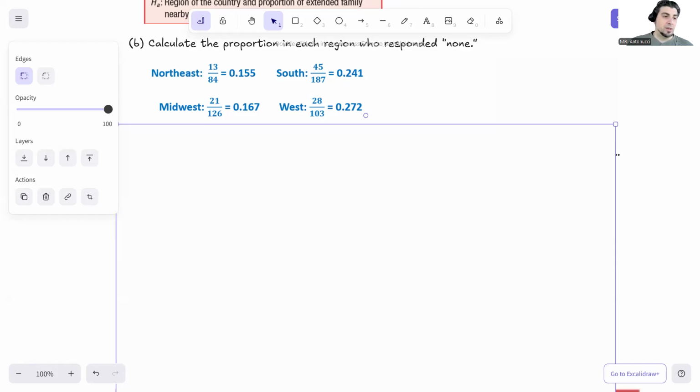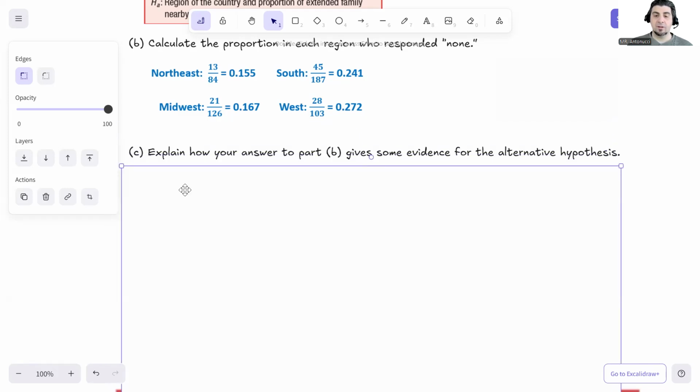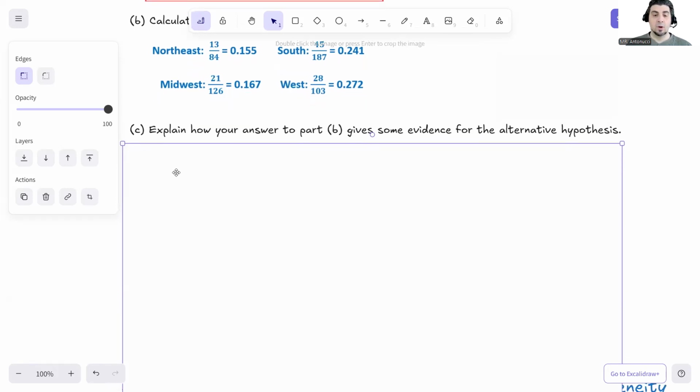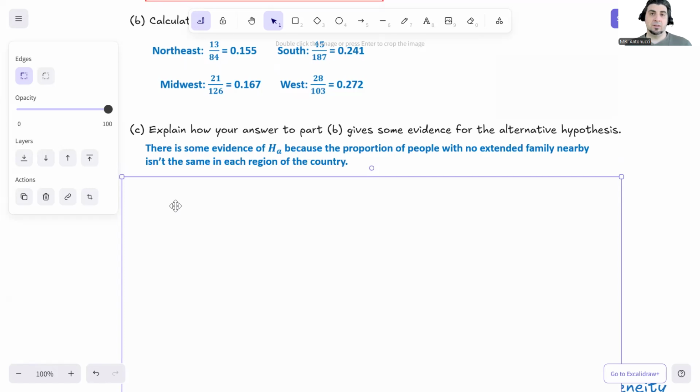Now, notice there is a difference in these proportions. So explain how our answer to part B gives some evidence for the alternative hypothesis. Well, there is some evidence for the alternative because the proportion of people with no extended family nearby isn't the same in each region.